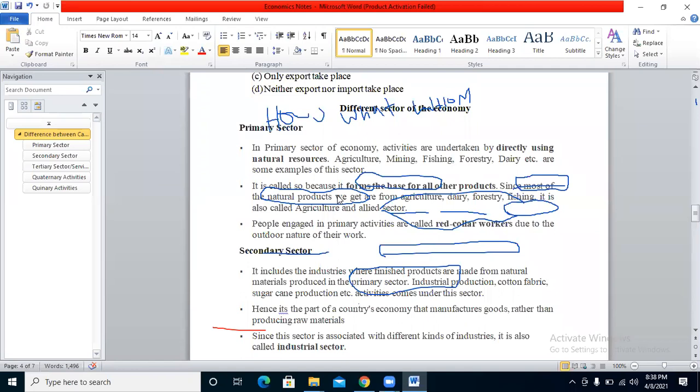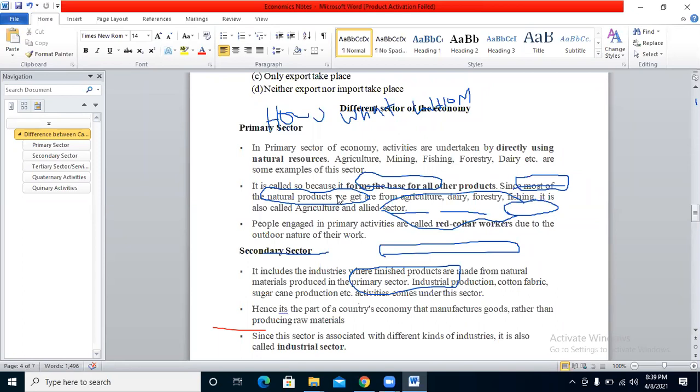So the primary sector is basically the agriculture and allied sector. And most of the developed countries are in the activity of the primary sector.